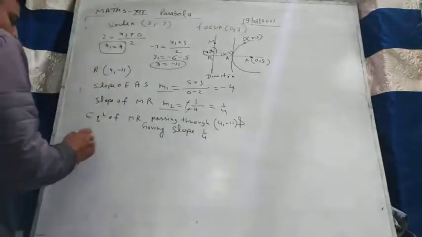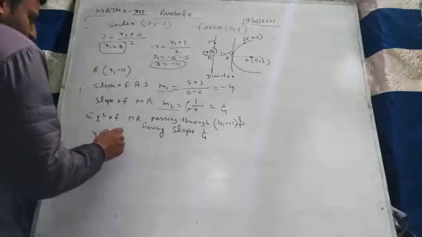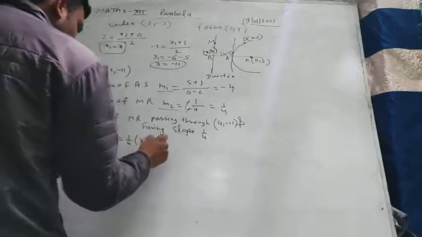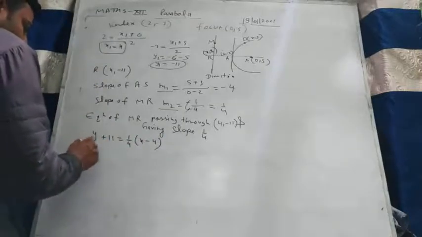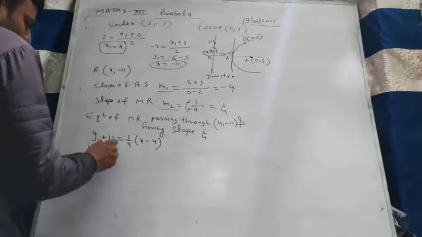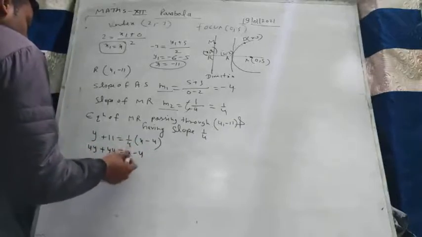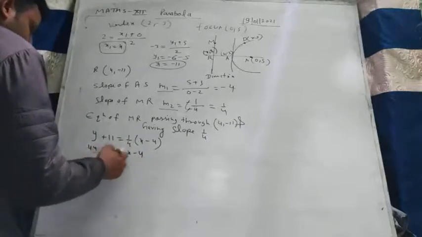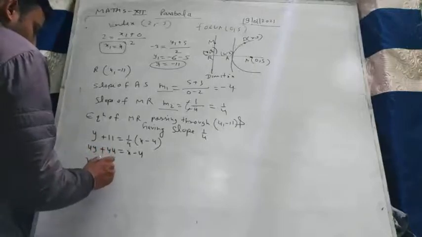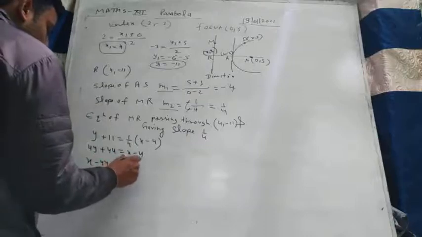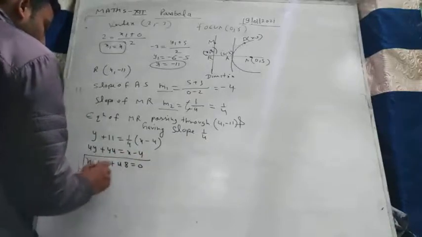So the equation will be y minus y1 is equal to m times (x minus x1). Now do cross multiplication: 4y plus 44 is x minus 4. Okay students, so we write x minus 4y is equal to 48. So this is, student, our equation of directrix.